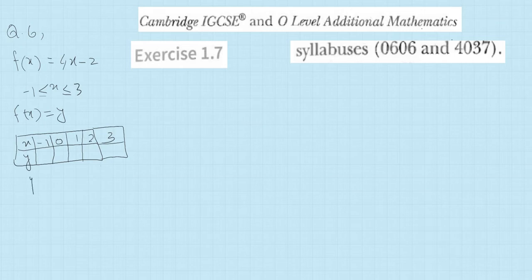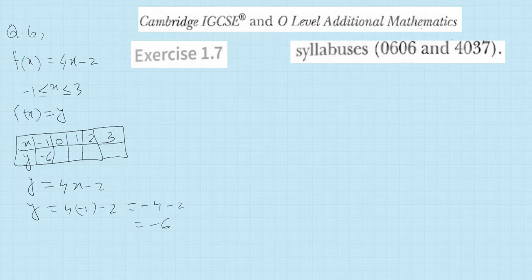Our function is y is equals to 4x minus 2. So first we have to put the value of x minus 1. So 4 into minus 1 minus 2. 4 into minus 1 is minus 4, minus 2. Minus 4 minus 2 is minus 6. So first value is minus 6.